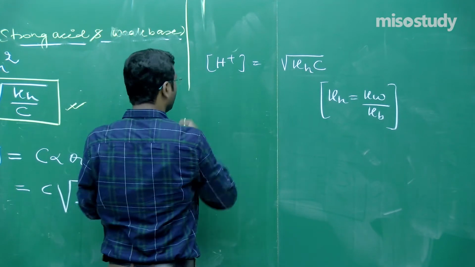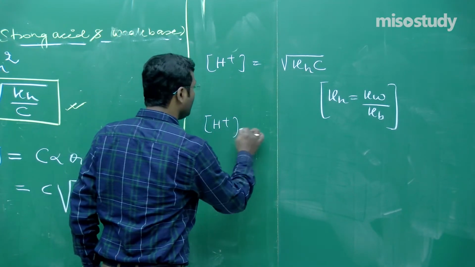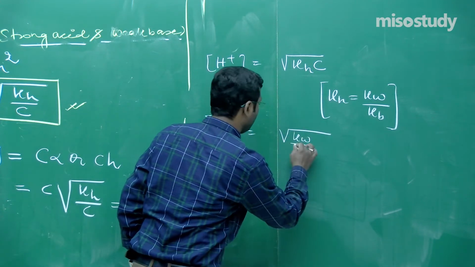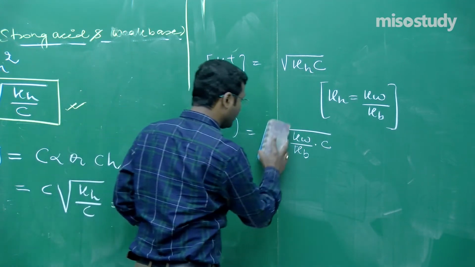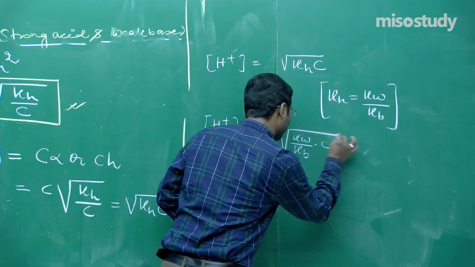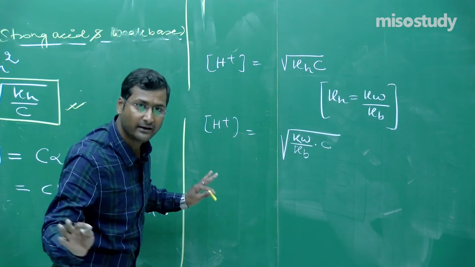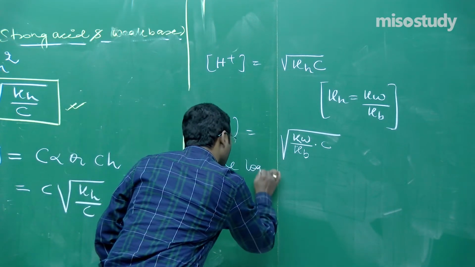Now put here H plus is equal to root under Kw upon Kb into C. Now take log both sides.